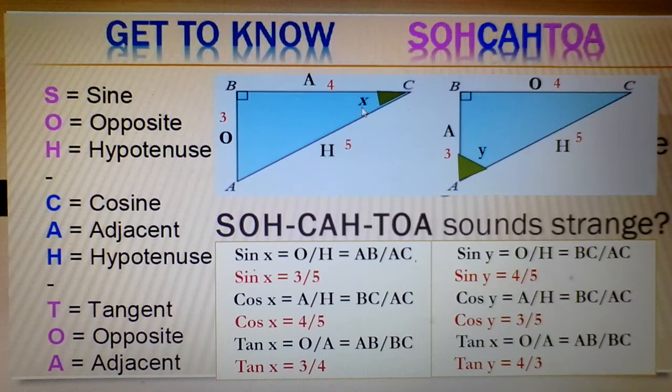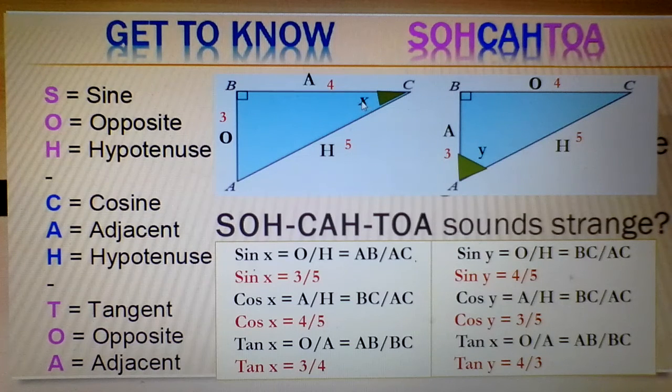For cos x, cos is adjacent divided by hypotenuse. So adjacent is BC, divided by AC. So we get 4 divided by 5. So we have cos x equals 4 over 5.